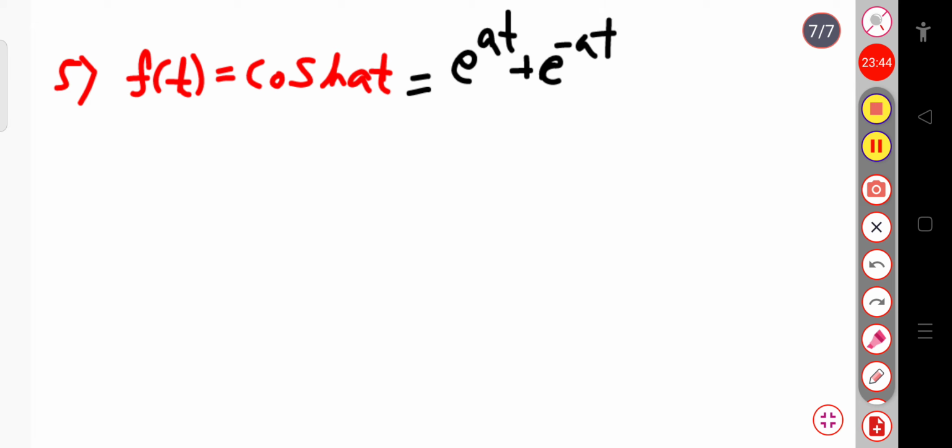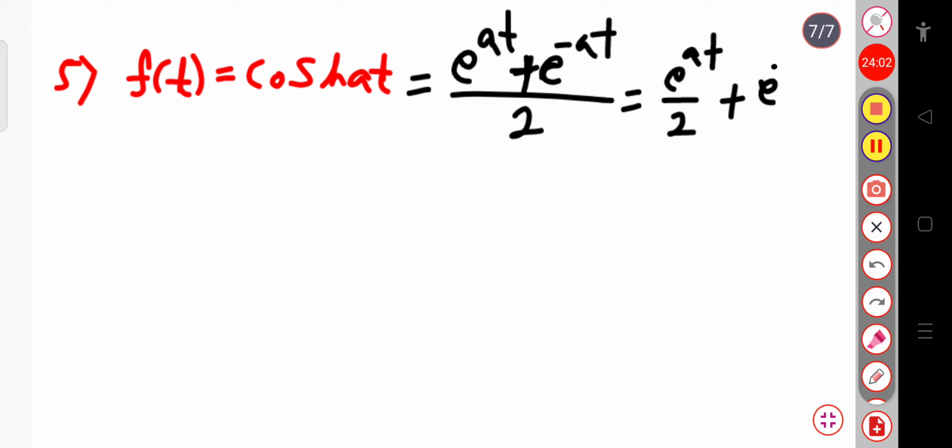This is the cos hyperbolic representation in terms of the exponential. If I divide this by 2 in both the terms, this is also equal to exponential at divided by 2 plus exponential minus at divided by 2.